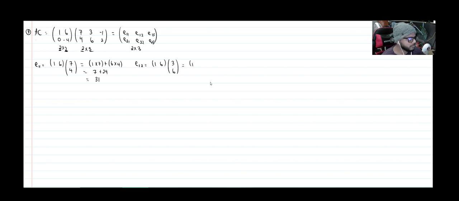First by first plus second by second. 3 plus 36, 39. E13. Again, first row, and this time we're dealing with the third column, minus 1 2. First by first, 1 by minus 1 plus the second by second, 6 by 2. Minus 1 plus 12, we get 11.